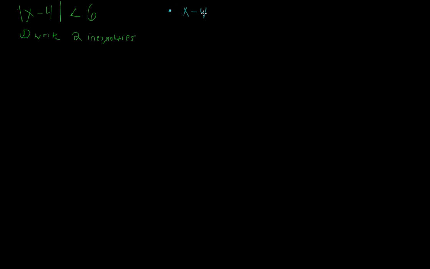x minus 4. Remember, we're gonna do a flip. We're gonna flip the sign. It's greater than, and instead of a 6, we're gonna make it negative 6. It's the first one, and the second one is x minus 4, just the same one, just copy it over, less than 6. You can solve for these two like that, but you can also put them together.